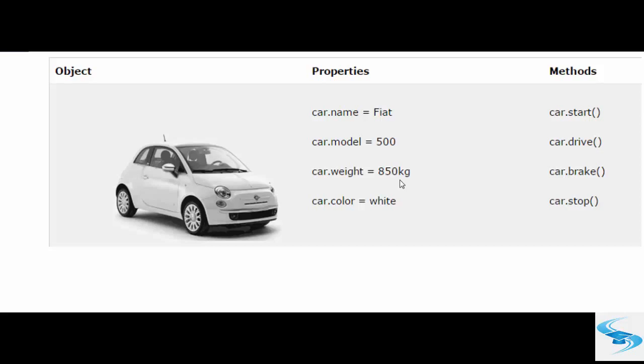Bottom line is, an object has a lot of properties, and each of these properties can be manipulated with the aid of methods. Okay, and that's the whole purpose of object oriented programming.